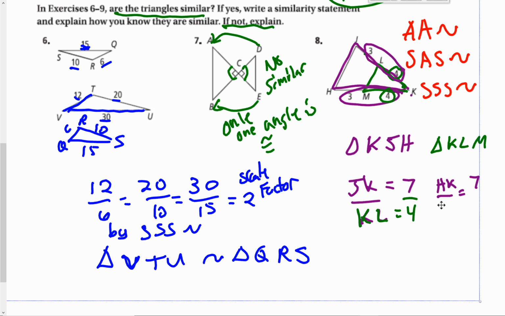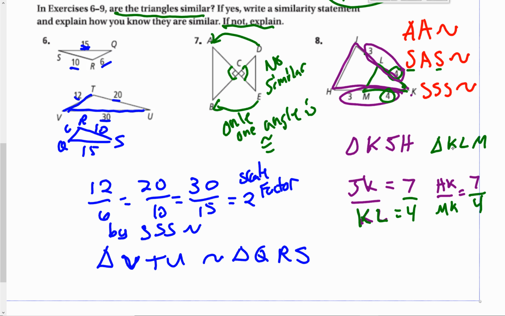So that's M to K, actually, I should match up my angles. Like the first one, we have our sides, but we don't have all 3 sides. I don't know what HJ is, nor do I know what ML is, so I can't use the 3 sides one. But I do have 2, so that would lead me to this one right here.